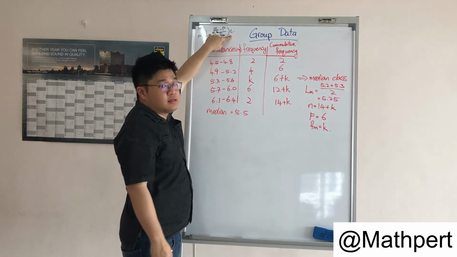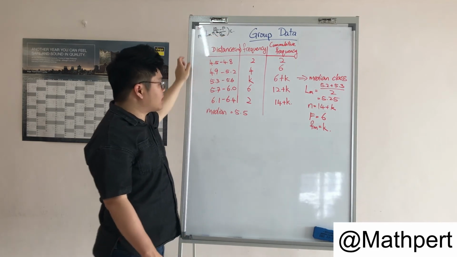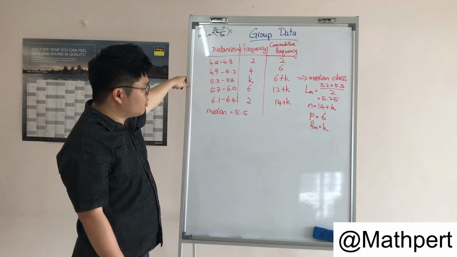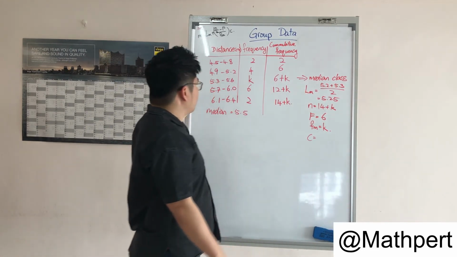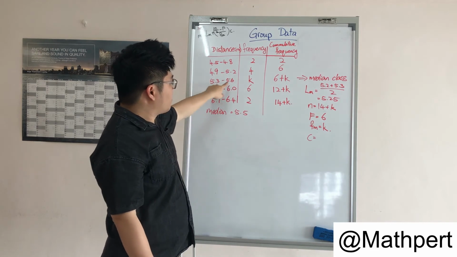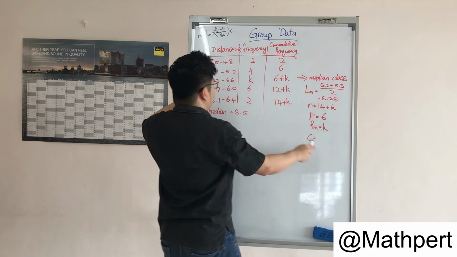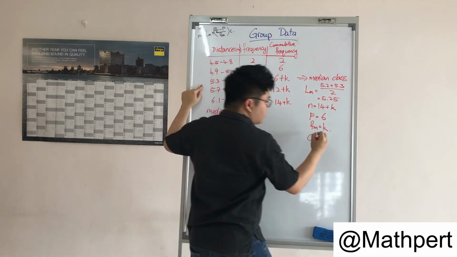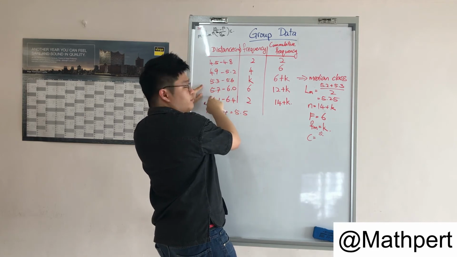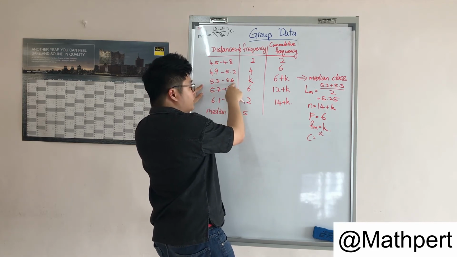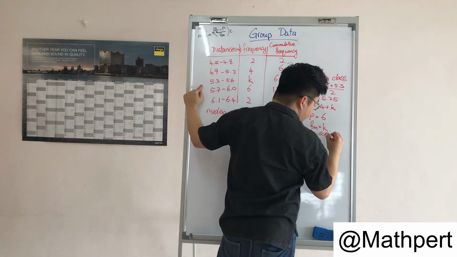And C. C is the median class size. So C will be: lower boundary is 5.25. Upper boundary is 5.6 plus 5.7 divided by 2, which is 5.65.